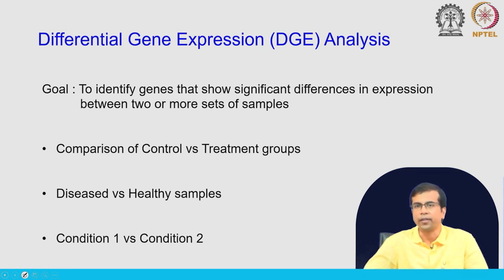Similarly, for condition analysis, you can have multiple conditions. It is not just condition 1 versus condition 2; you can have a normal condition, then salt stress, oxidative stress, maybe DNA damage, and you can do all these comparisons as well. Okay. All right.